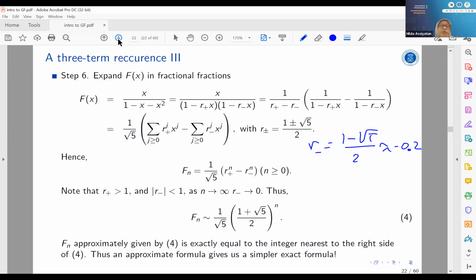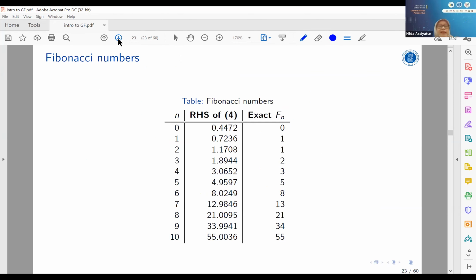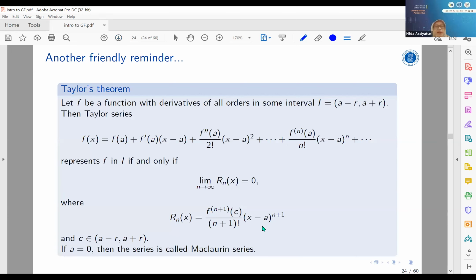Now we will handle the much harder one. Before this, another reminder of our old friends, the Taylor series.